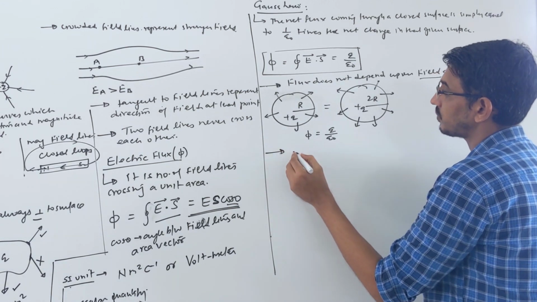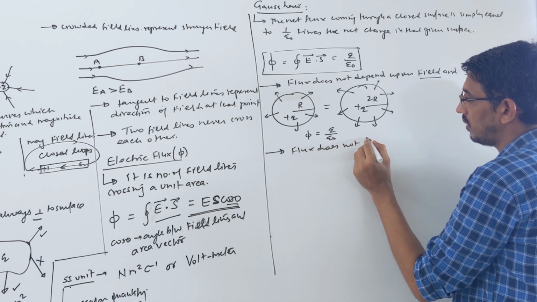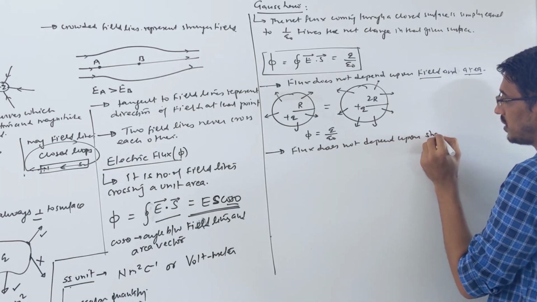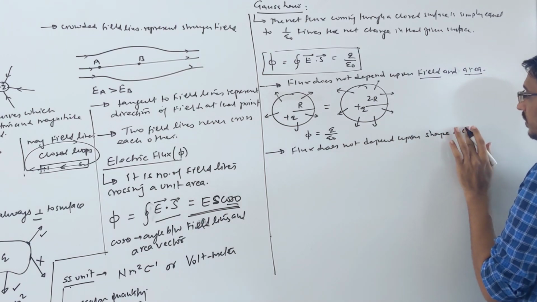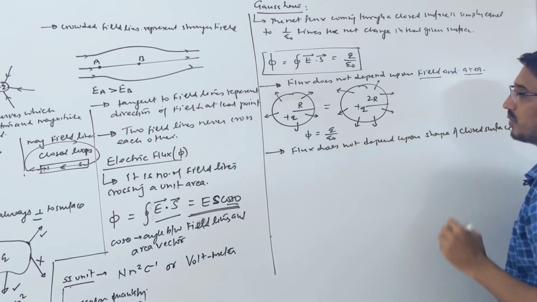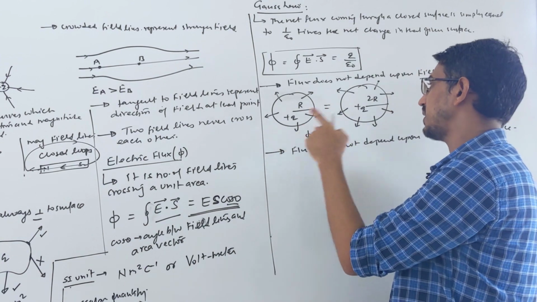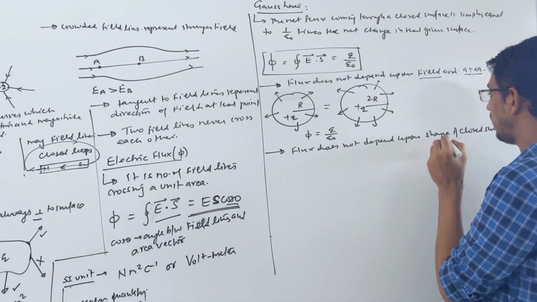Also it does not depend on the shape. Flux does not depend upon the shape of your closed surface. It does not depend on size, like a sphere of bigger size or small size. Also it does not depend on shape.